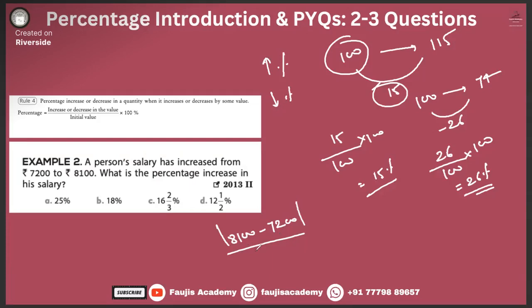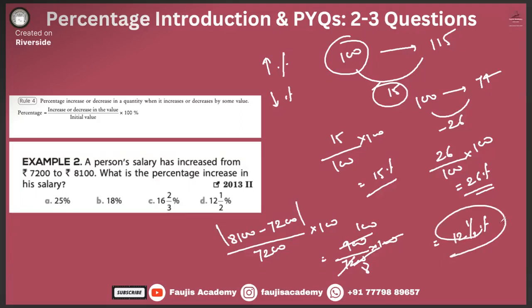Now divided by the initial value into 100. How much is that? 900 into 7200 into 100. This one gone, this one gone. This will come out to be how much? 12.5%, right? 12.5%. Is it clear, guys?